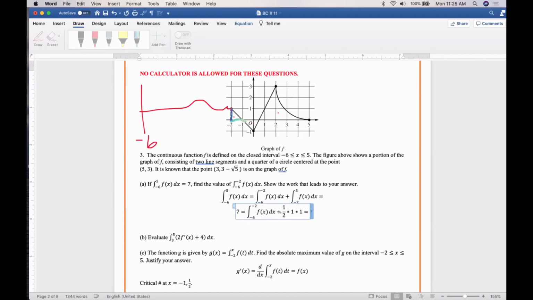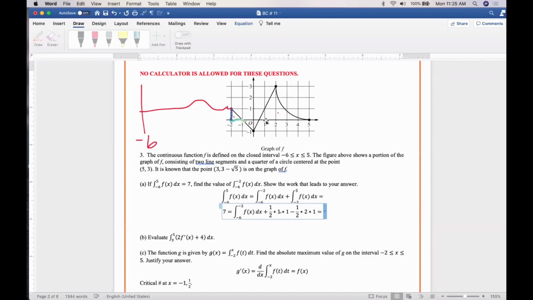And then minus. Why minus? Because the next triangle is below the x-axis. It's half again, times the base, which is 2, times the height, which is 1. I made the area of this triangle negative because it's below the x-axis.